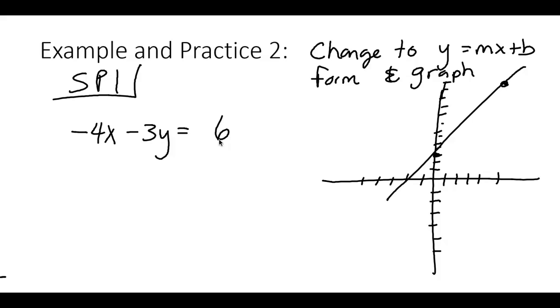That makes sense. So like here we have 6 over 3. 3 goes into 6. That's twice. That's going to be a negative 2.